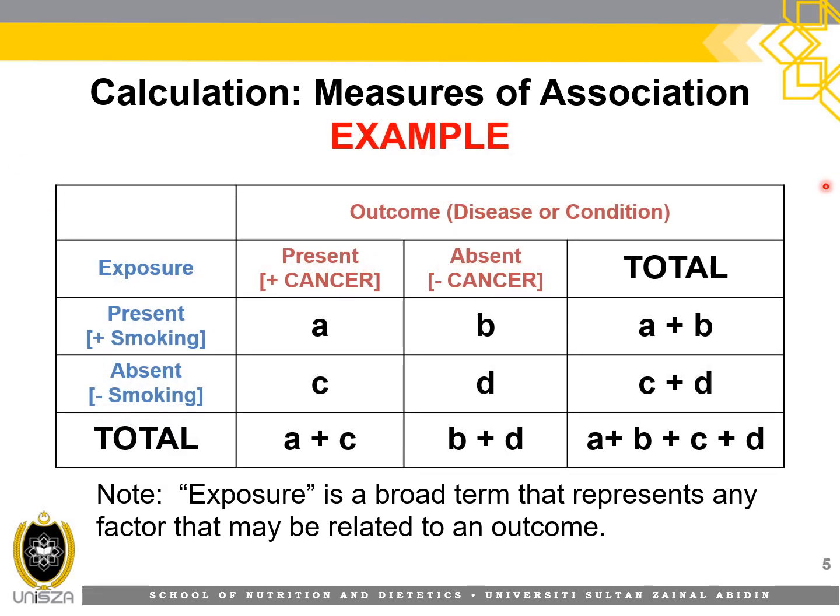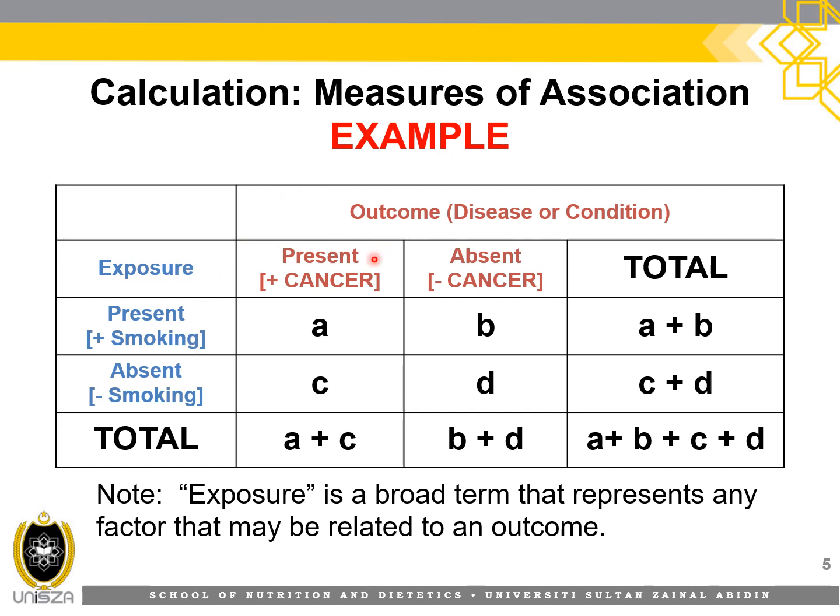This slide shows an example of how to use a 2 by 2 contingency table. An outcome is a disease or condition, whereas an exposure is a factor that may be related to an outcome. In this slide, we use cancer as the outcome and smoking as the exposure.